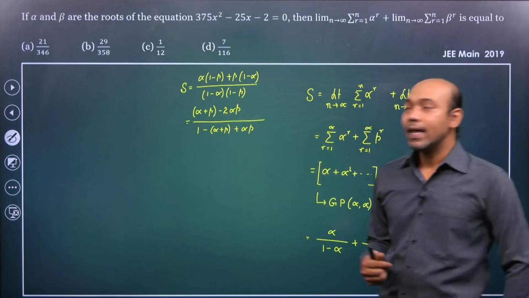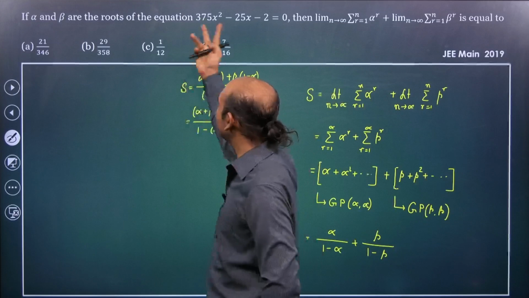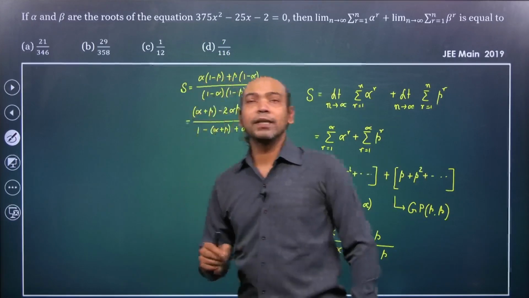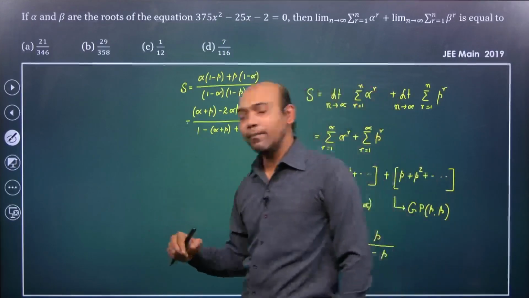Now alpha plus beta and alpha beta can be easily obtained from the quadratic equation using the sum and product of the roots.